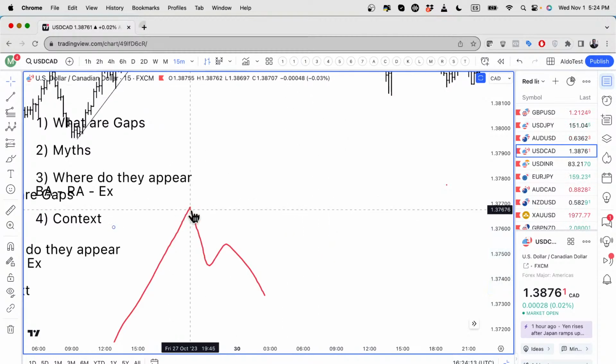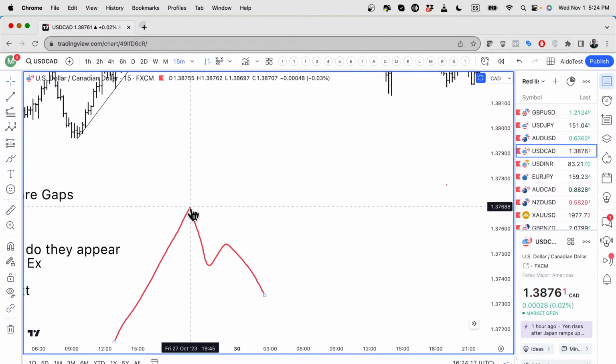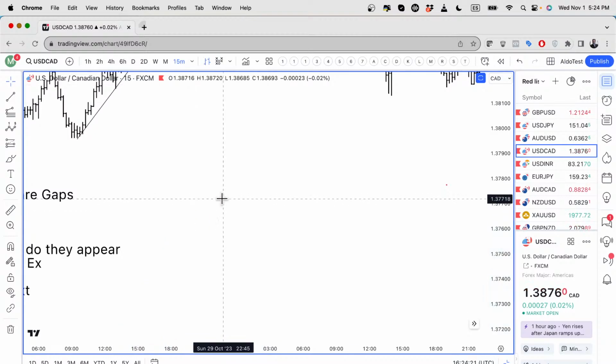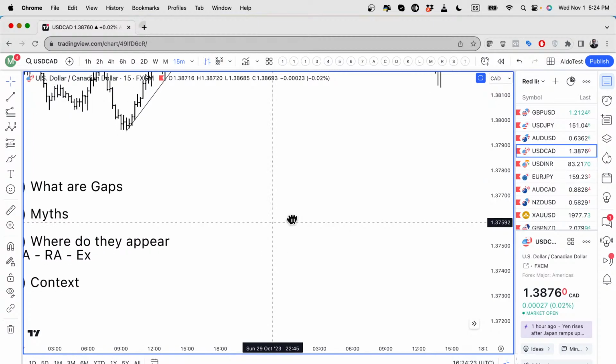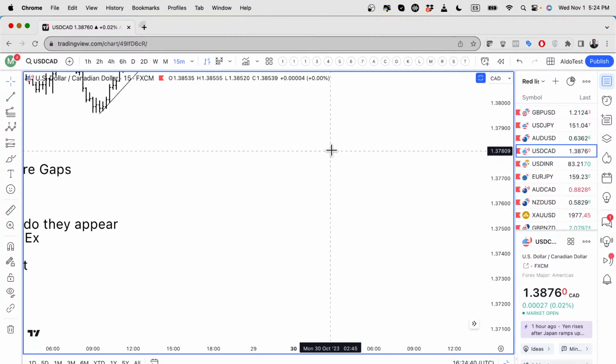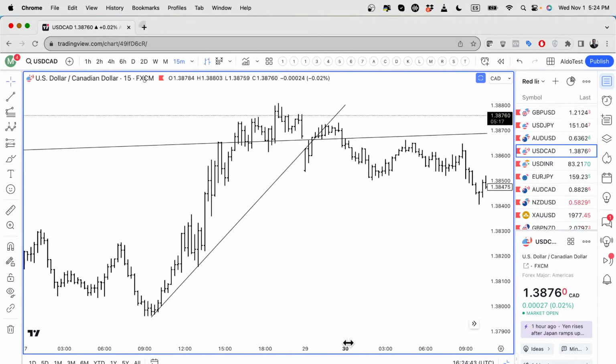Now, you could apply the technique to those gaps as well. It is possible because typically when prices gap, it's because they are in a hurry to go in that direction. Sometimes prices gap in a particular direction and then they really turn around. But that is the reason why we use a very tight stop. By a very tight stop, I mean, like in this case, let me go back there.